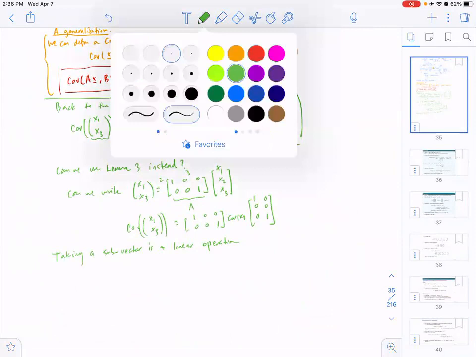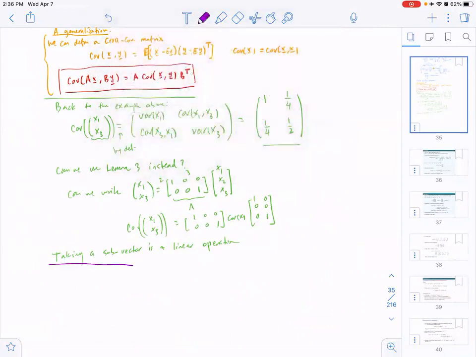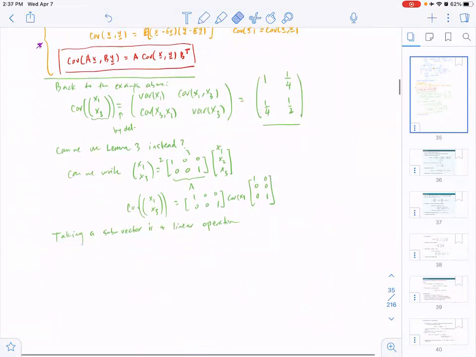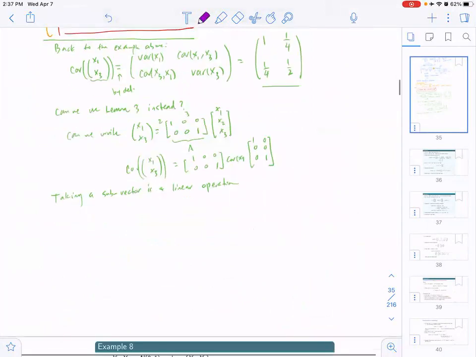So what else? If you understand this cross-covariance idea, what would be, for example, the cross-covariance? Let's do a little bit more interesting example. Let's do the covariance of x1 and x2, x3. This is the cross covariance between these two vectors.